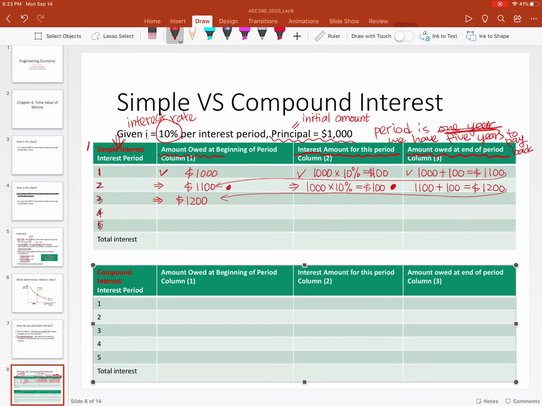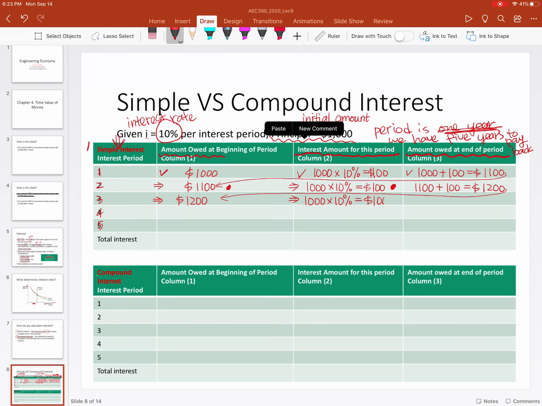Okay, and what is the interest in the third year? Still, it's simple interest. So it is, by definition, the initial amount or principal times the interest rate. So it's still $100.